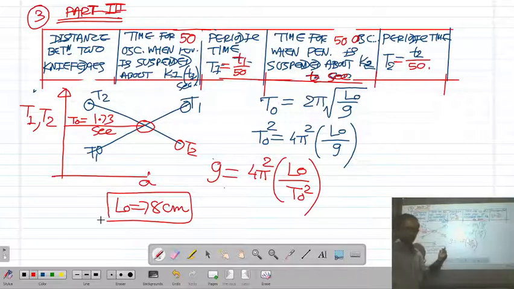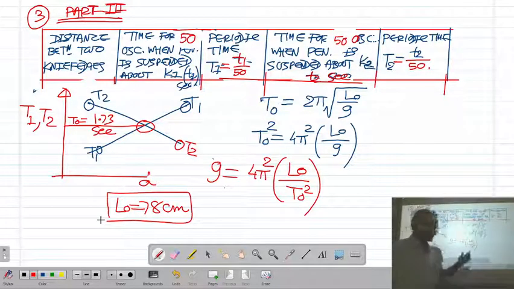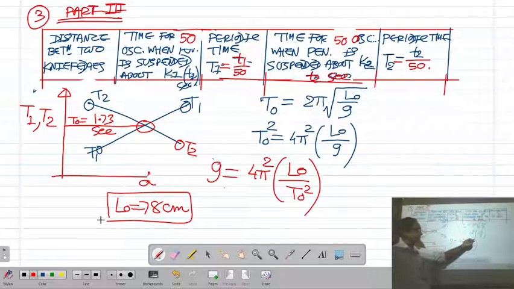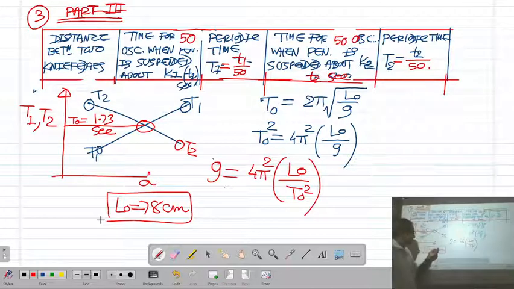So g is 4 pi square L0 upon T0 square, where L0 is the distance between knife edges when T1 and T2 are almost the same, 78 centimeter, and T0 at the point of intersection is 1.73. You can calculate the value of g.